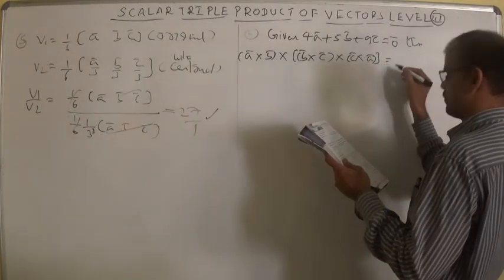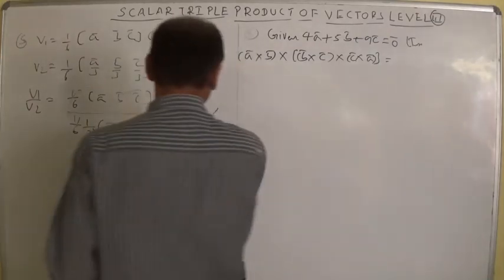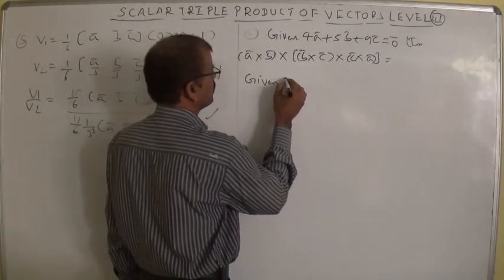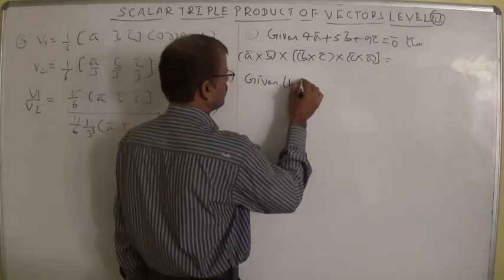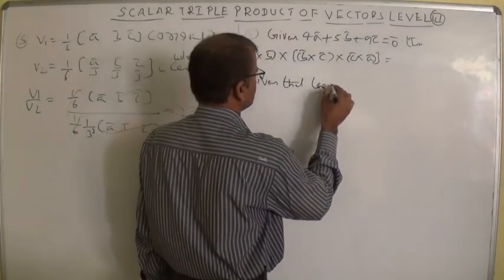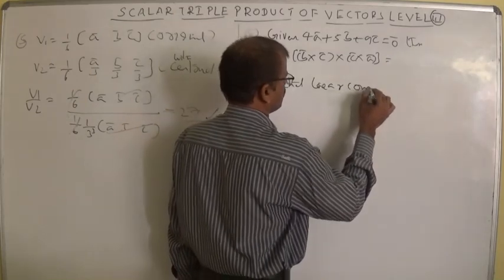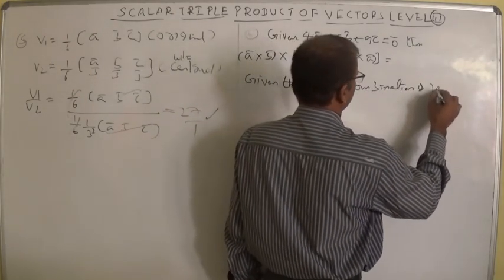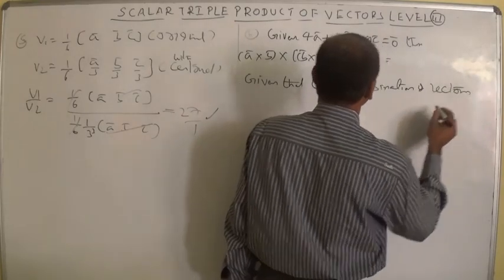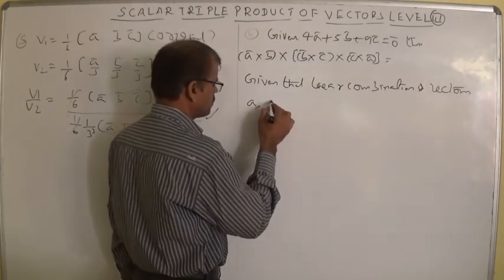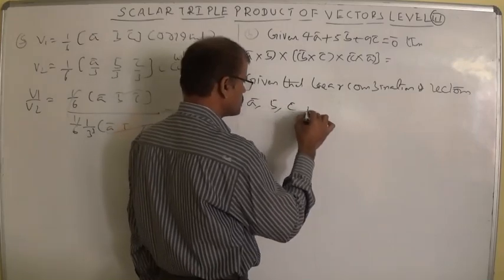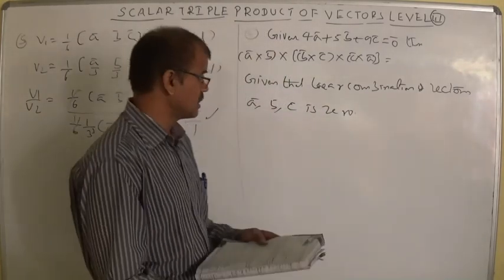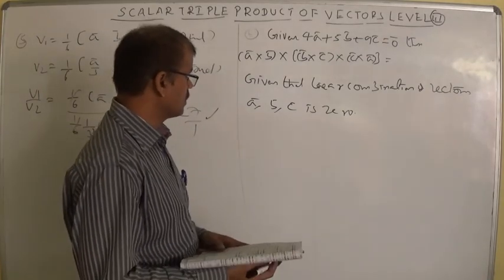You should try to understand that given linear combination of vectors a bar, b bar, c bar is 0.